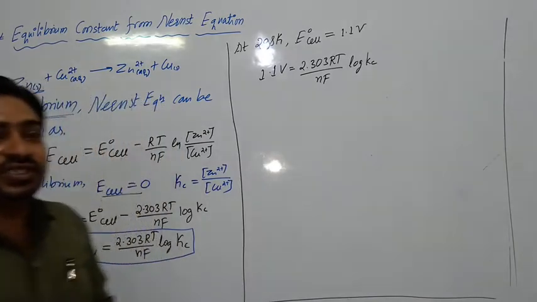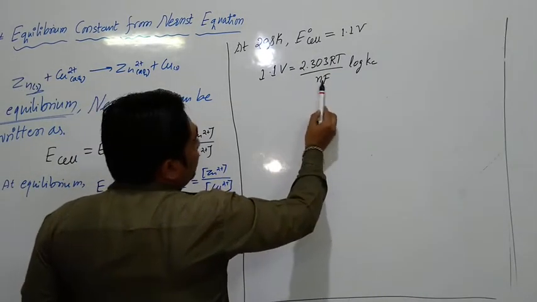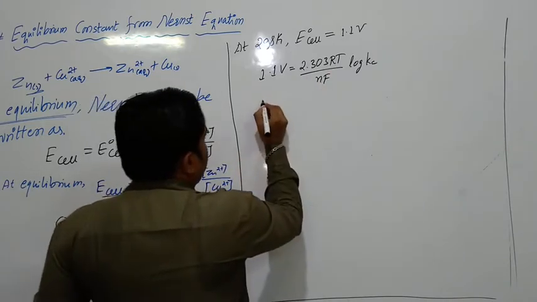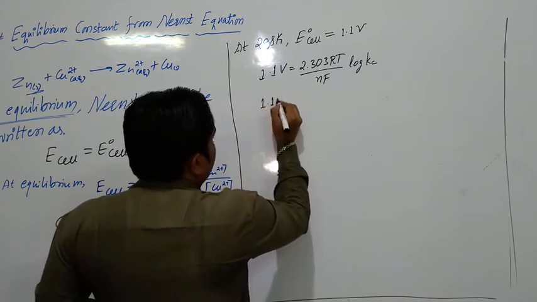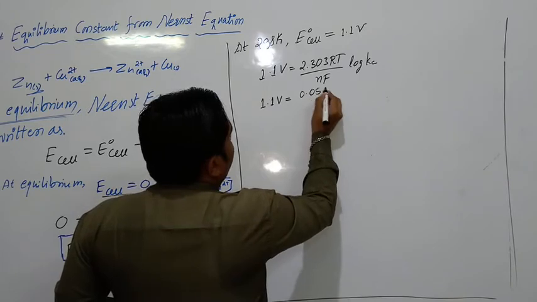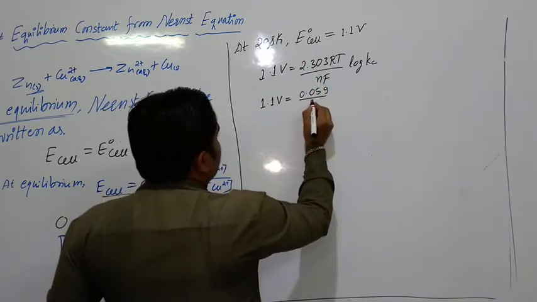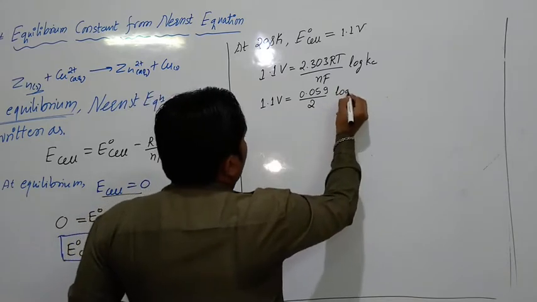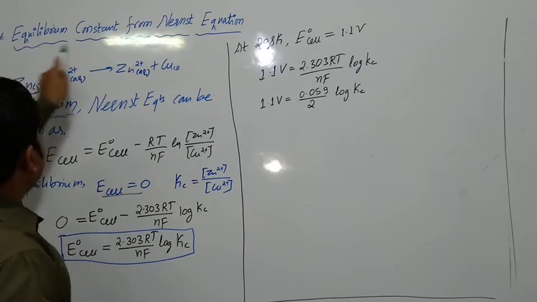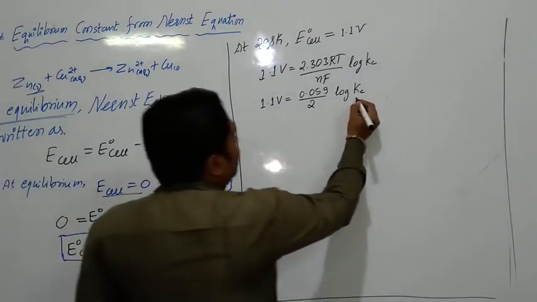And also we know the value of this entire term, excluding n, is equal to 0.059. So 1.1 volt is equal to 0.059 divided by n, and for the Daniell cell, n is equal to 2, log of Kc. Now what do we have to calculate? The equilibrium constant. We want to calculate only the equilibrium constant. So this is our equilibrium constant.